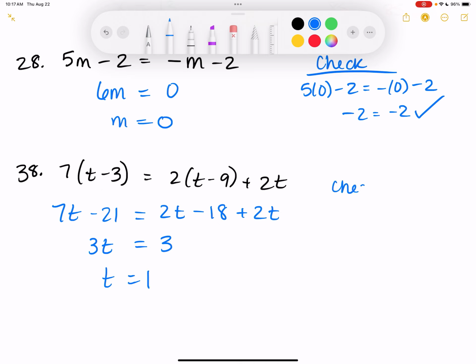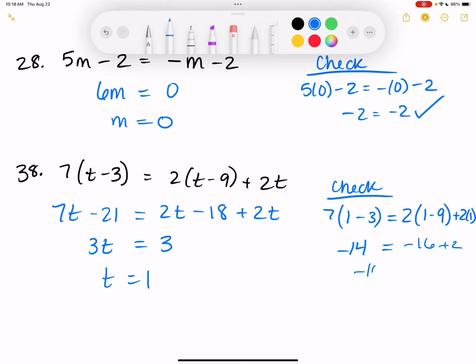Then I can plug it in. So 7 times 1 minus 3 equals 2 times 1 minus 9 plus 2 times 1. So 7 times negative 2, negative 14. 2 times negative 8 is negative 16 plus 2. So negative 14 equals negative 14.